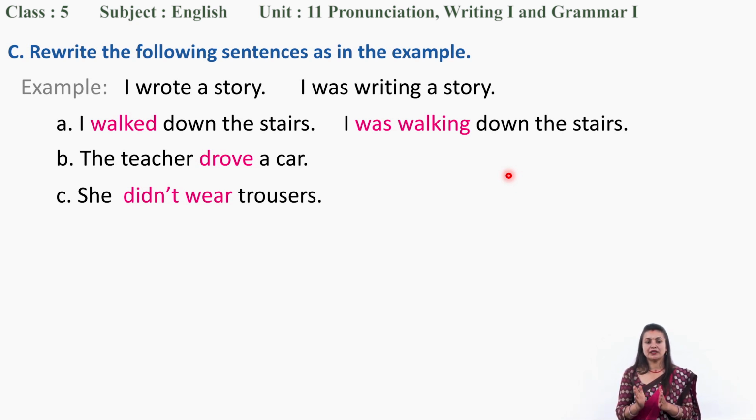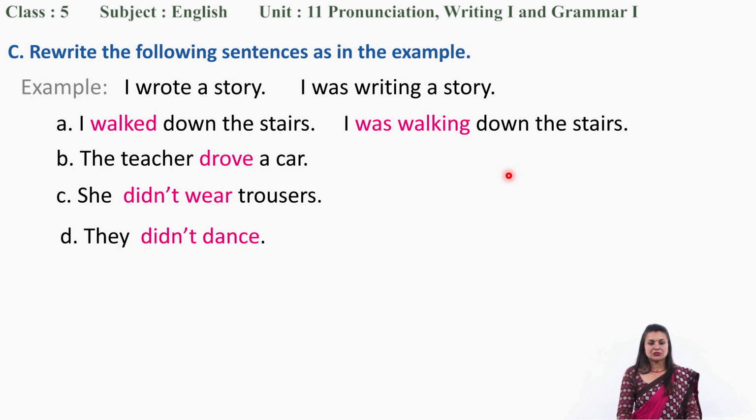See, didn't wear trousers. Okay, see, after that, was. Oh, yes, very good. That is negative sentence. So, you have to write wasn't. See, wasn't wearing trousers. Very good. Very nice. Okay. In this way, you have to make that.